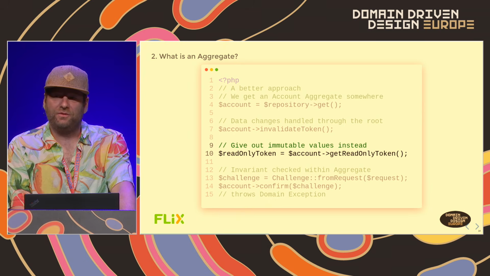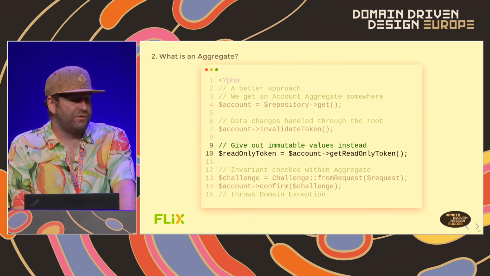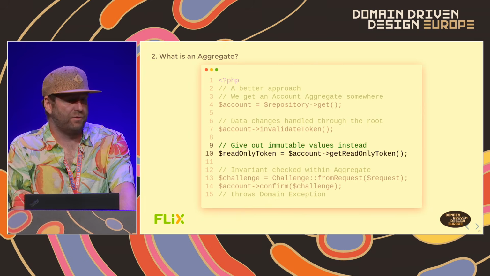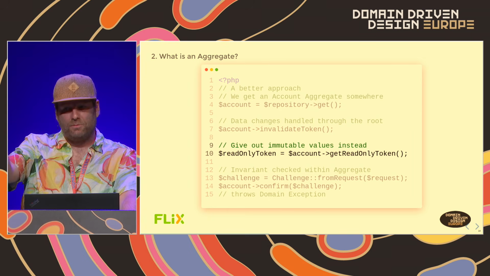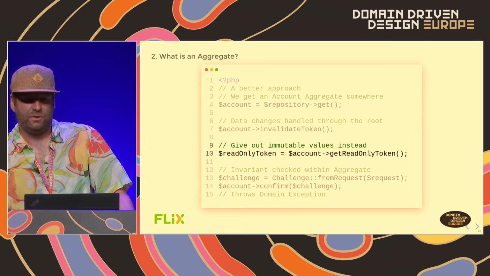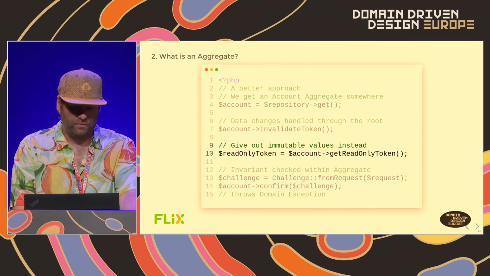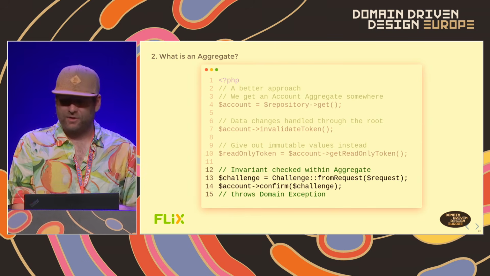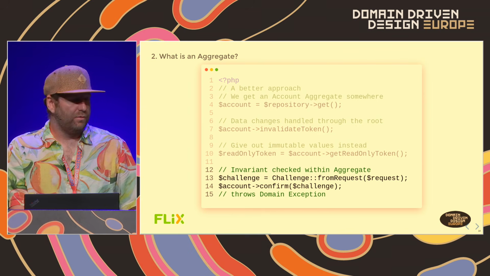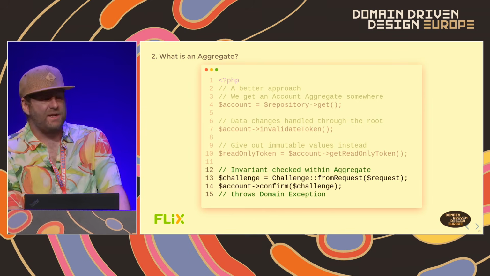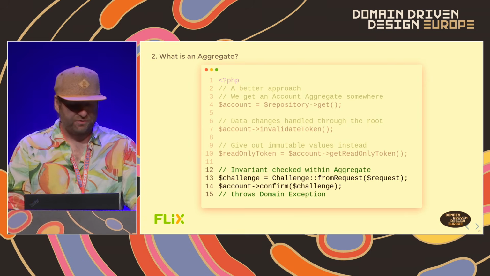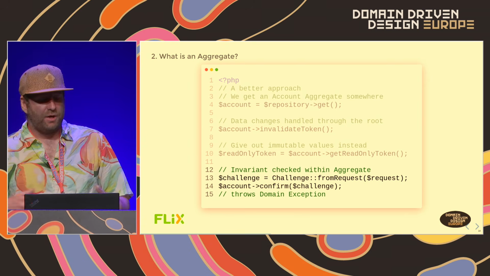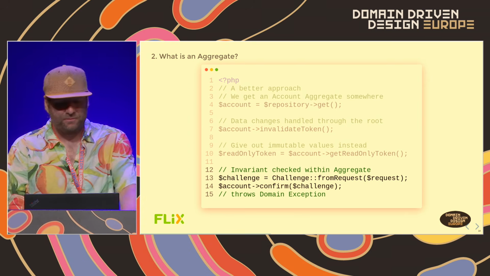You're not giving out references anymore. You just return a read-only thing, right? So, okay, I give you the value, but you cannot change it. And now we move the invariants inside of the aggregate, right? So we have the challenge again, but now the account confirms it with this challenge. And if there's something wrong, it will throw some kind of domain exception.